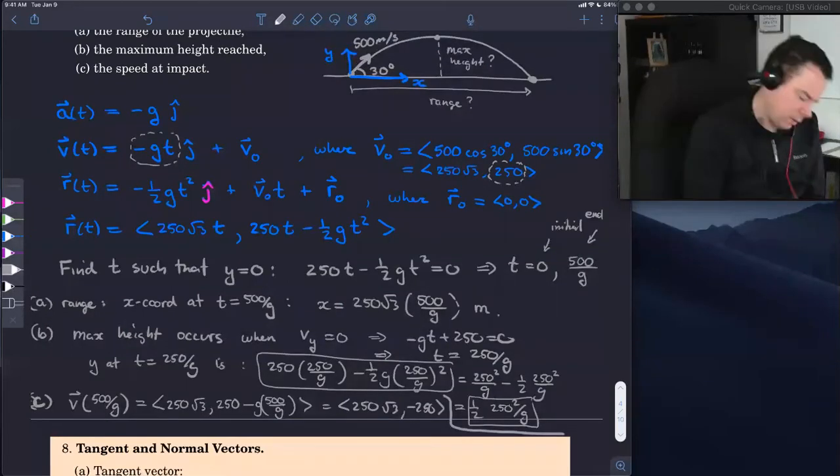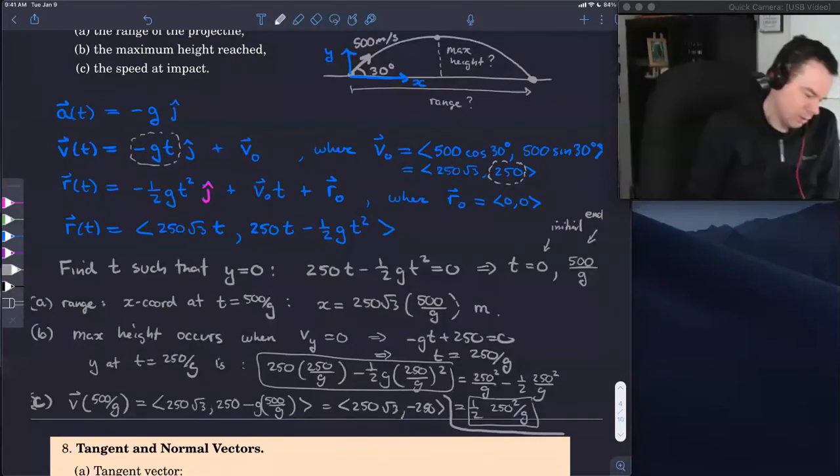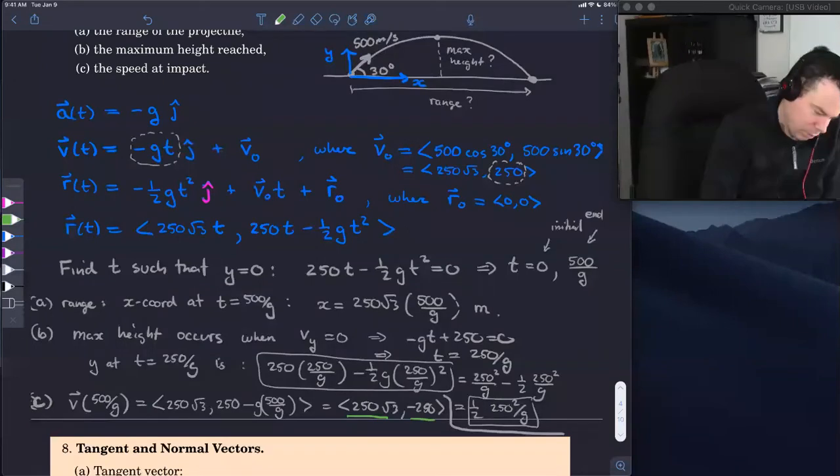And that has a magnitude of, well, you can see what happened. If I look at these last two components, I see that at this point my final velocity is in this downward direction. It's still got the same x component that I started with.